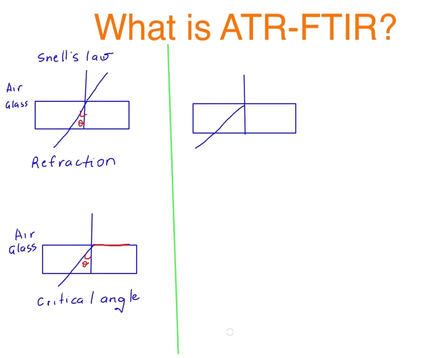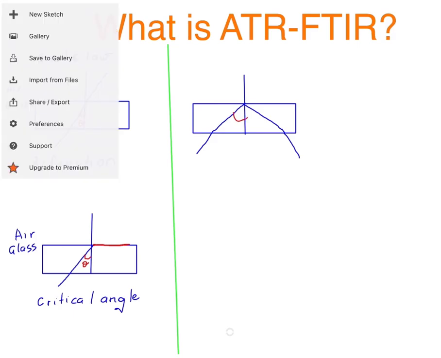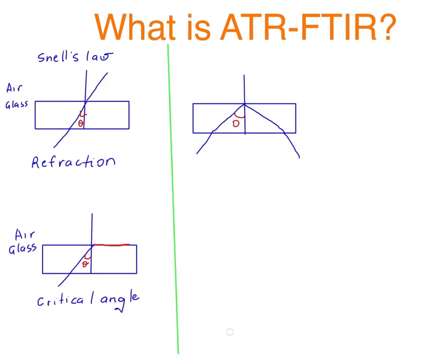So now the angle of incidence is a little bit higher than the critical angle. As I mentioned, it reflects back, and this is called total internal reflection. So now our angle is higher than the critical angle.